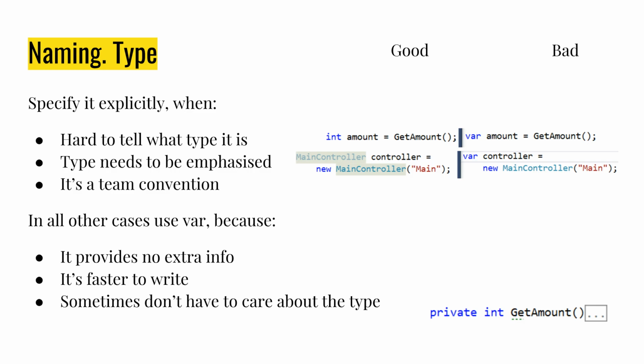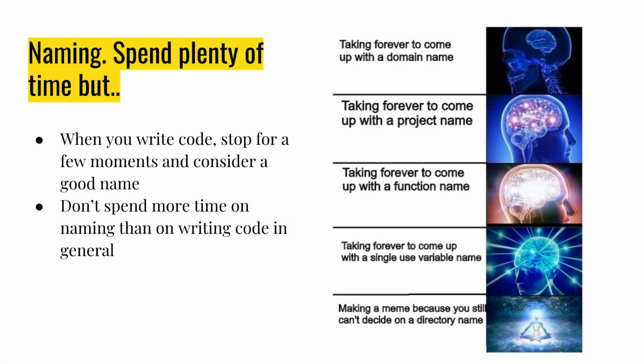And when you write 3 letters as opposed to MainController, for example, you save a lot of time, so it's much faster. That's why var is preferable in C#. So think about your naming well, but don't spend too much time.